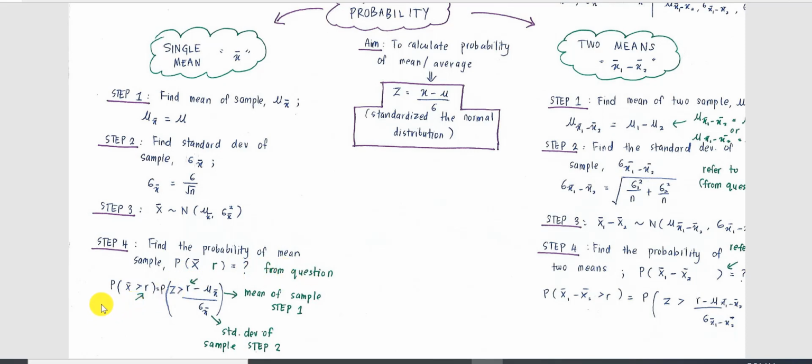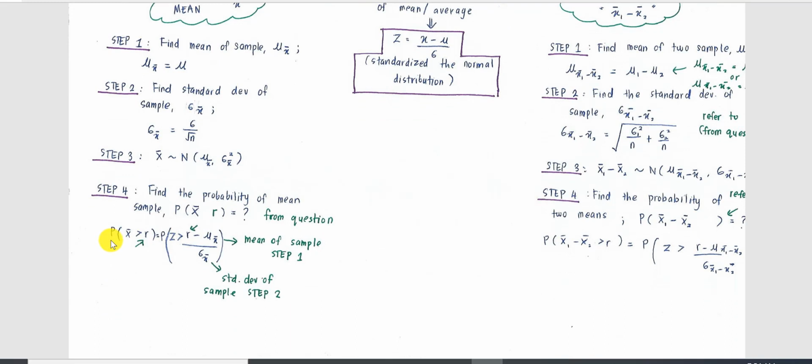Now the probability of the mean sample, let's say greater than R, is equal to the probability of Z. This is because we standardize the normal distribution, so that means we are going to use the Z, which is equal to R minus mu, the mean of the sample, which comes from step 1, and also the standard deviation of the sample, which comes from step 2.